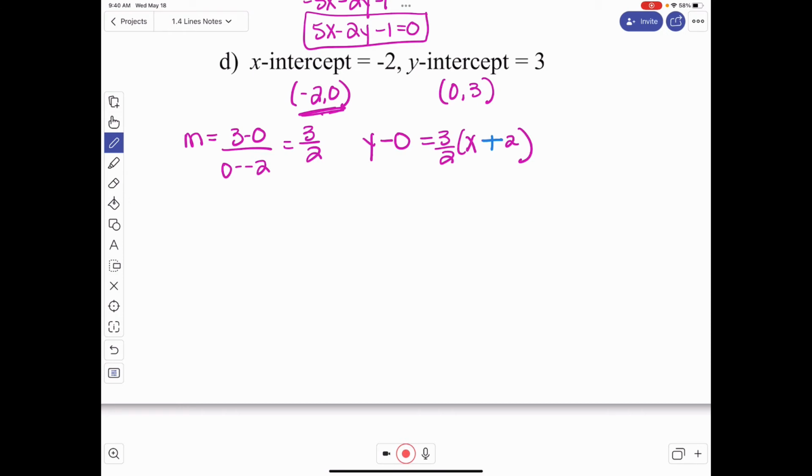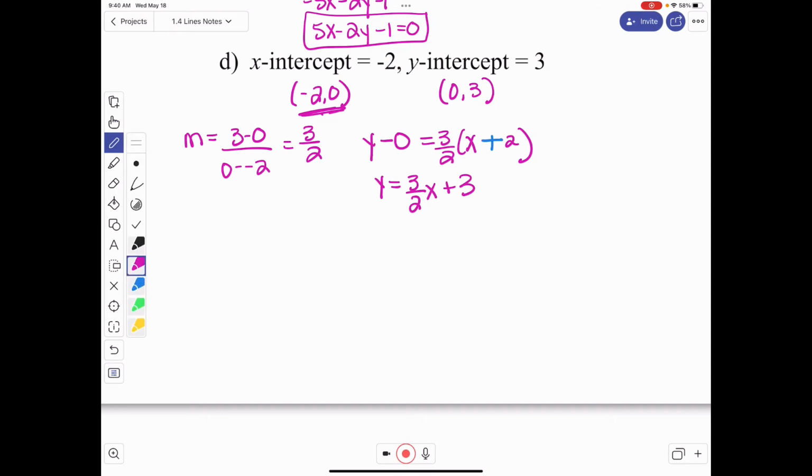So now if I do that, y minus 0 is just going to be y. If I distribute 3 over 2 times x plus 2, the 2's are going to cancel, and I'm left with 3. So then what I can do is I see that I have a fraction.